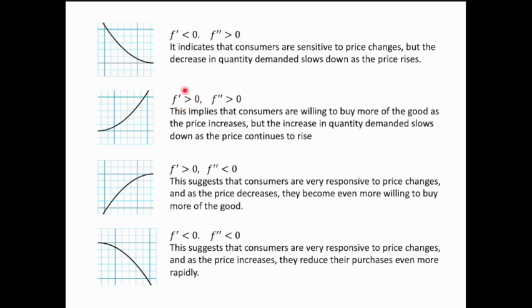This would be where the first derivative is positive and the second derivative is positive. So this is going to tell us that the demand curve is increasing, meaning as the price increases, the demand is going to increase. And this is kind of an unusual situation. This doesn't happen too often.